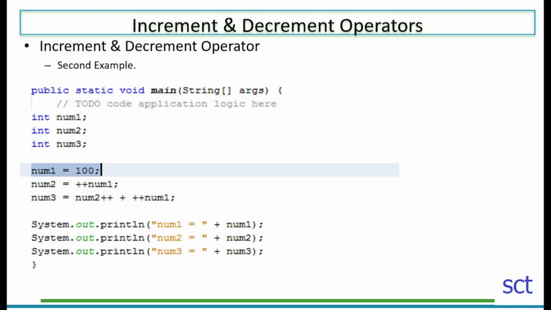So whenever I am using the assignment operator with plus plus, pre-increment and post-increment, the assignment will be done based on the pre and post. If I am using pre, first the increment will happen and then it will be assigned. If I am using post, it will do the assignment first, then only the increment will happen here.